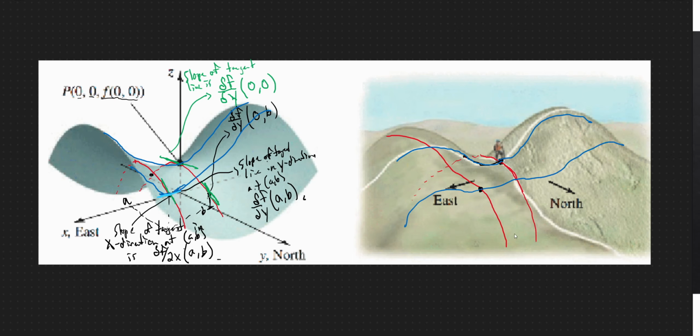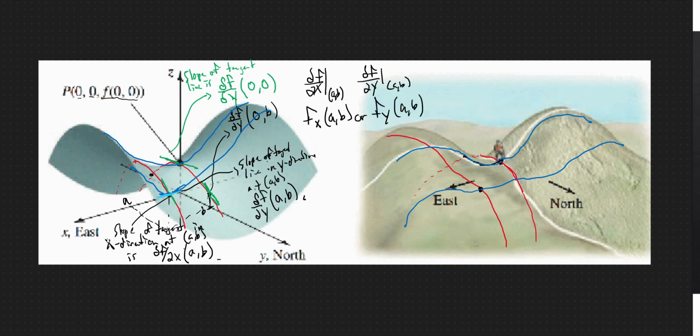So this is what partial derivatives are, and this is the notation that goes along with them. You might also see notation that looks like partial f with respect to x or y evaluated at the point (a, b), and this is the same thing as the slope. The other notation you'll see is f_x of (a, b) or f_y of (a, b).